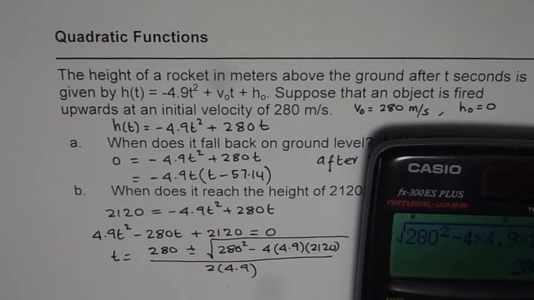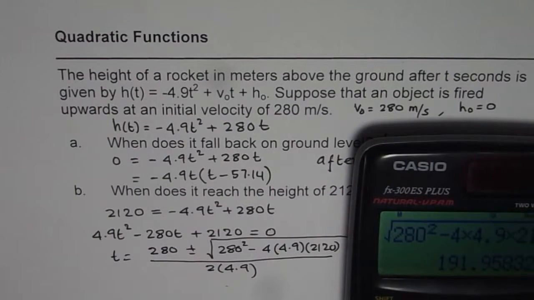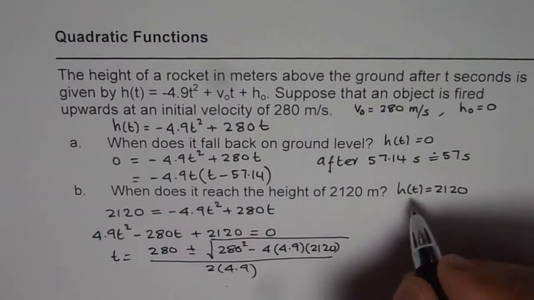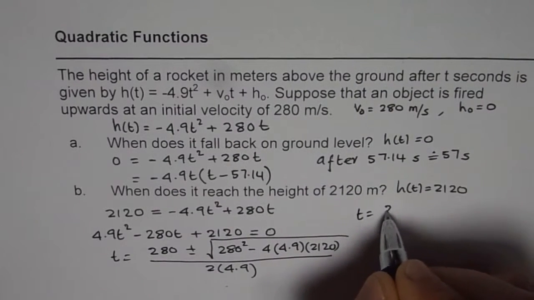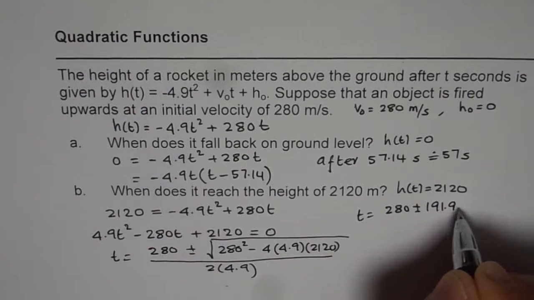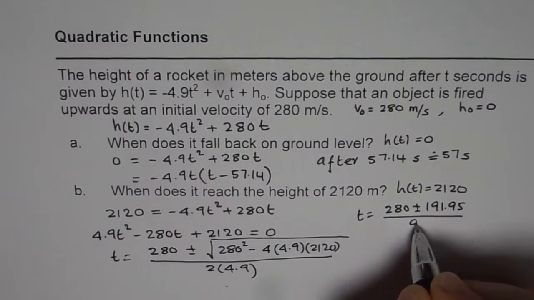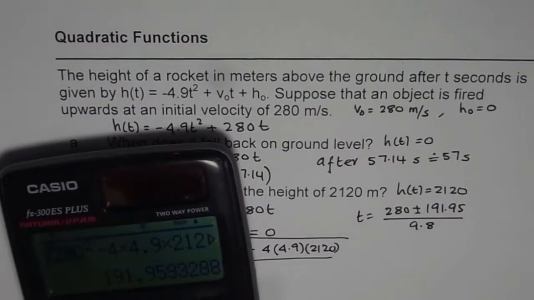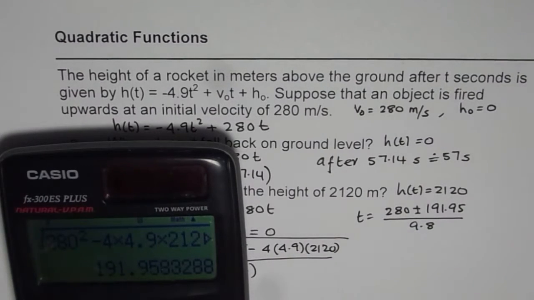Let's convert to decimals: 191.95. So we get t = (280 ± 191.95) / 9.8, which means we have two possible answers.